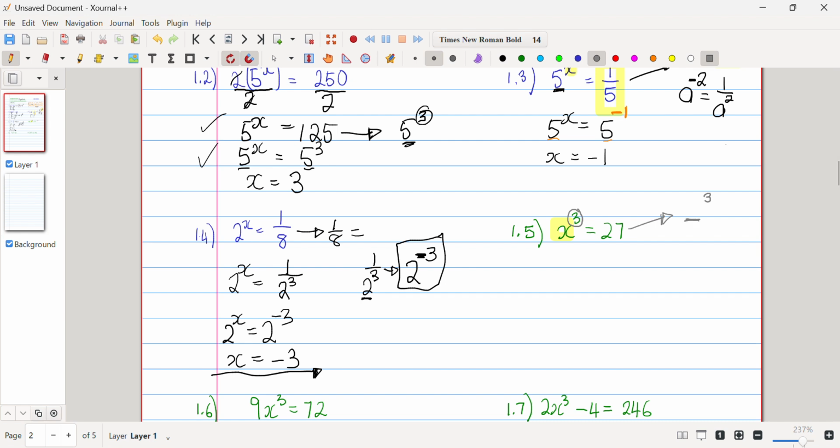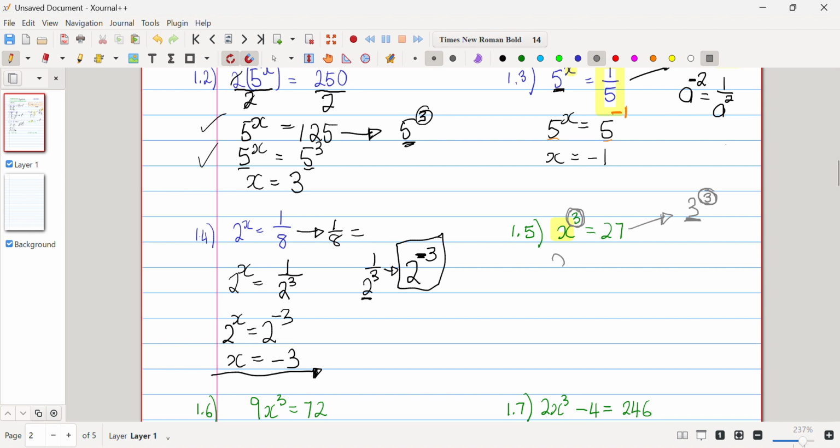So there's going to be a number with the same exponent as this exponent, okay? So 27, if you think about it, can be written as 3 to the power of 3. So that is kind of the question that you must continuously be asking yourself in these types of scenarios.